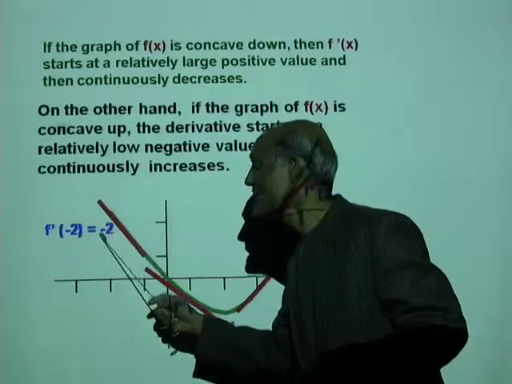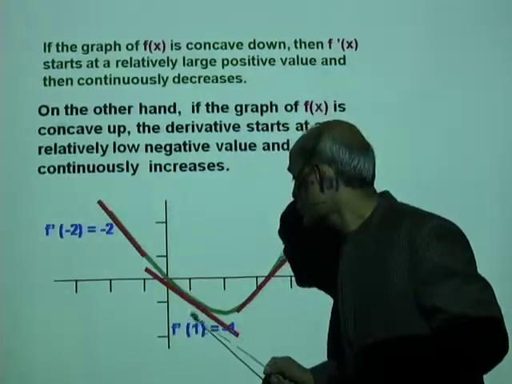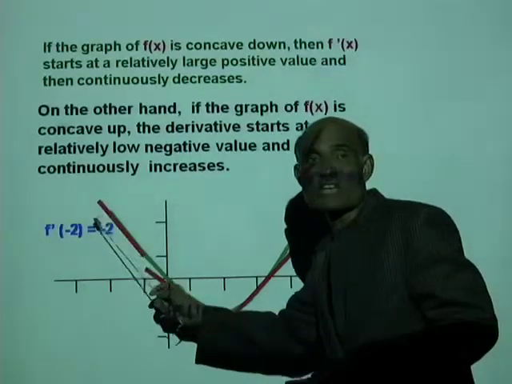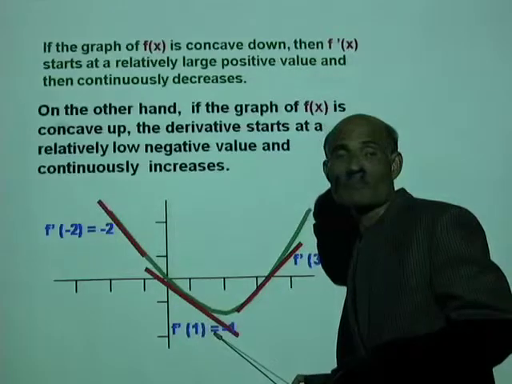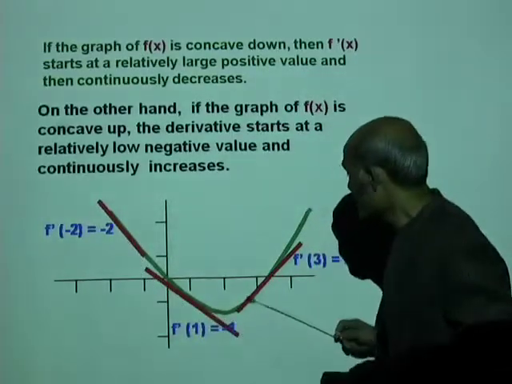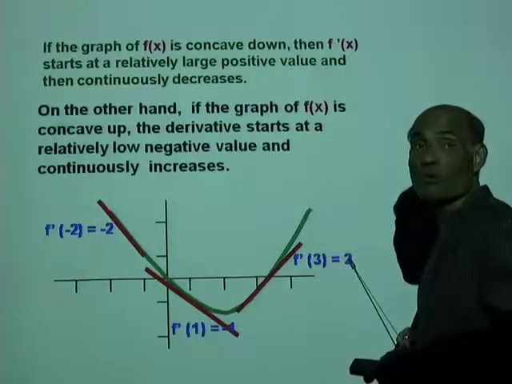This is -2. And the derivative at x equal to 1 is -1. Tell me, which is greater, -2 or -1? -1 is greater. And the derivative at x equal to 3 is 2.